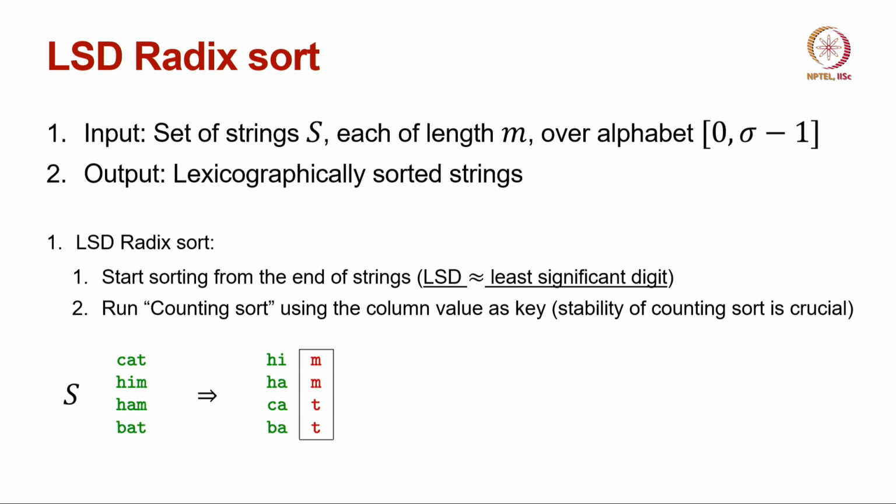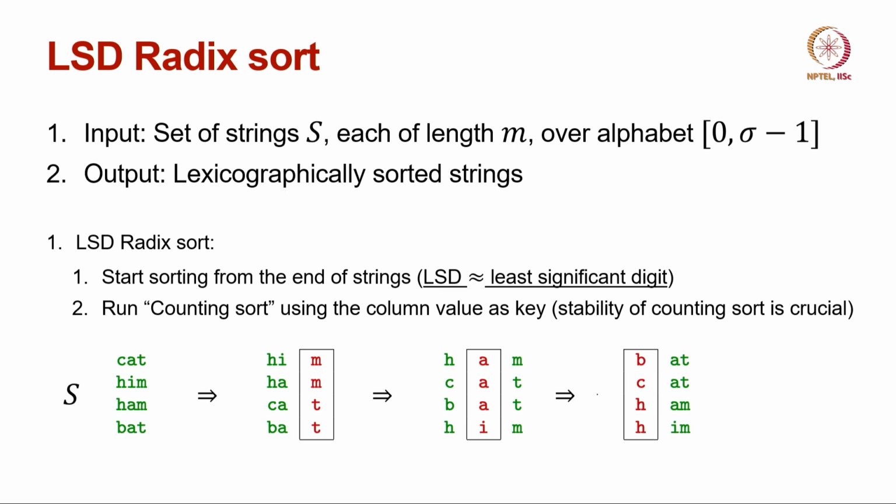Now we are going to move to the next column, which is the second column, and repeat this algorithm. Again we run the counting sort algorithm, and this time we sort these strings based on their value in the second column. Again, because character A is smaller than character I, all the strings which involve character A will appear first, and the strings which involve character I will appear in the end.